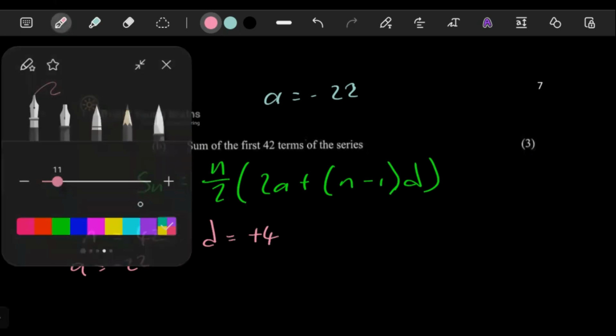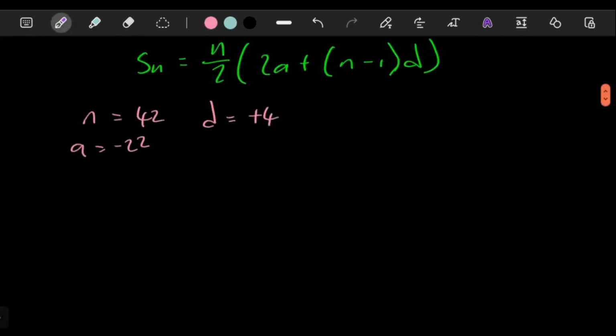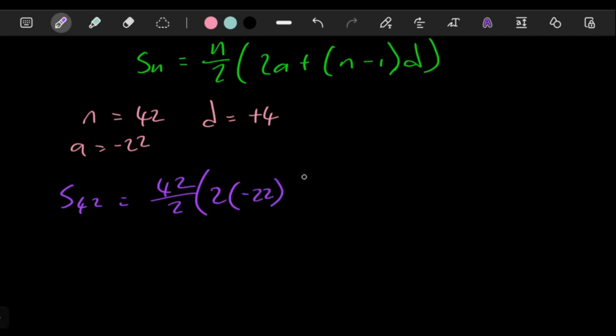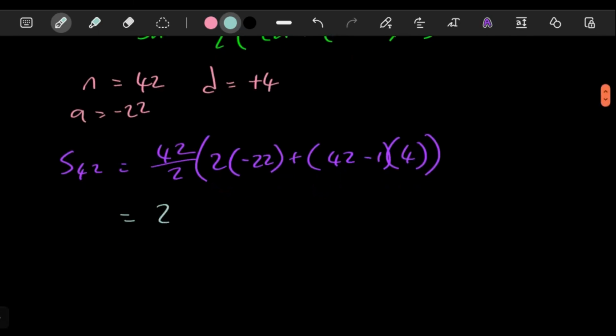Let's throw everything into the formula. S42 is 42 over 2, A is negative 22, N is 42, D is 4. Putting all this in the calculator, we get 2,520.